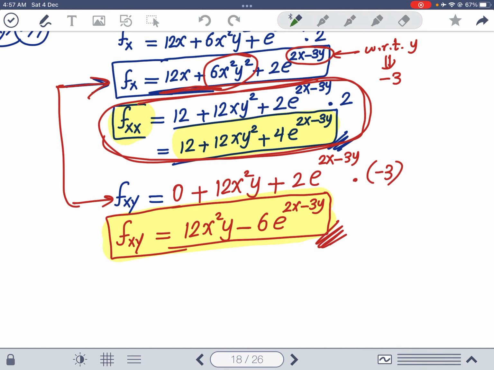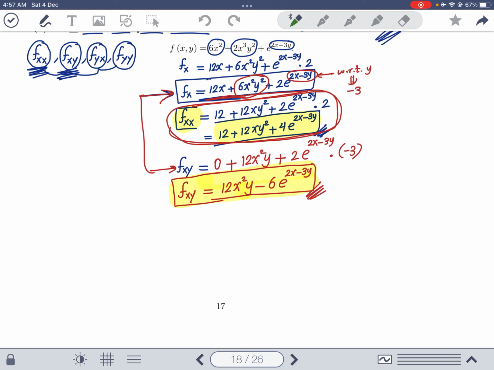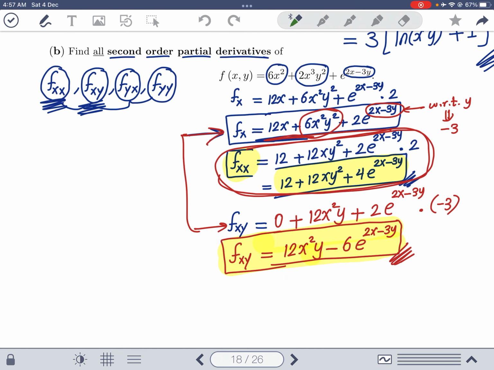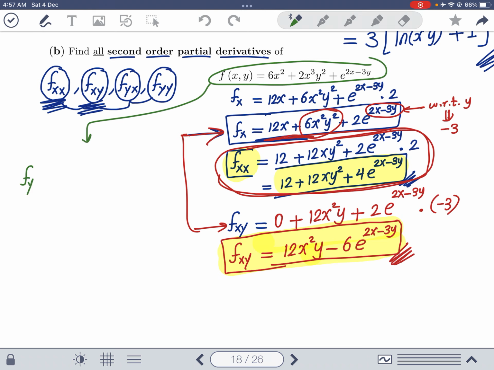And now we have to look back, because we did fx and anything that is related to doing x first. Now we want to do y first. So we will take this as it is and concentrate on doing fy.